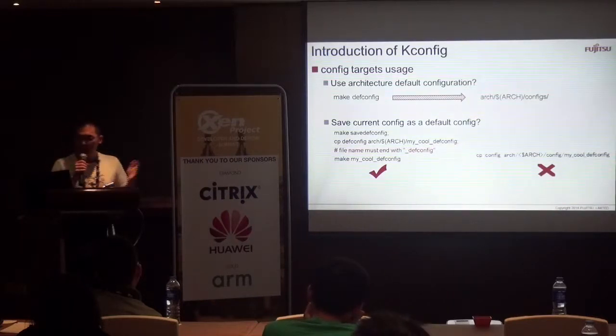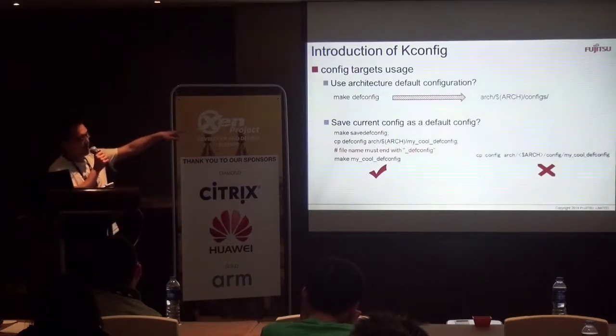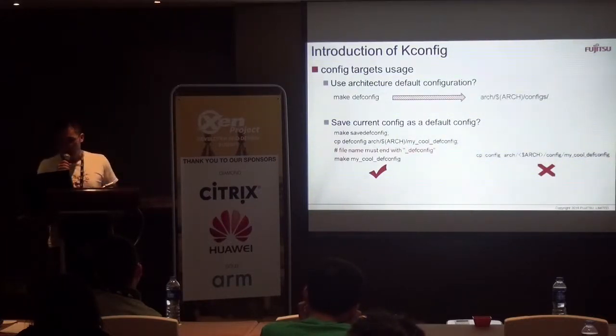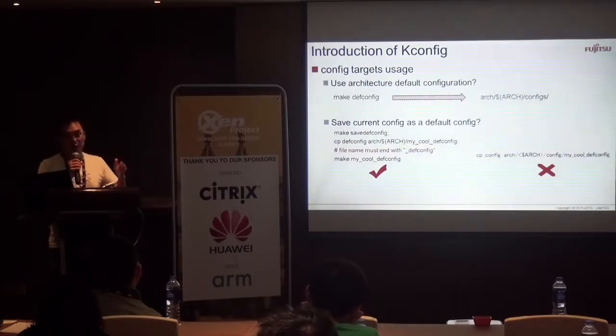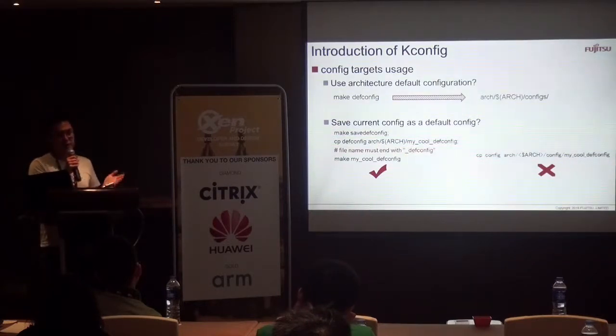In fact, no matter the generated defconfig or the default ones under the architecture directory, they just record the differences. What does that mean? Every configuration item has a default value.